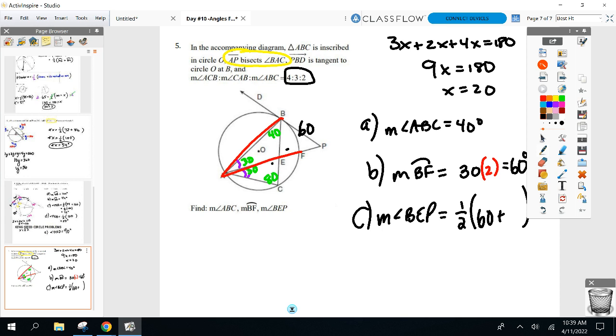Anybody know what the measure of that one is? Here's the inscribed angle 40, so what's the arc? 80, so you could have used half of 60 and 80. Anybody do, this is 30, that's 40, so that's got to be 110, and that's supplementary to it, so that's 70. Or maybe some of you did, that's 30 and 80, that's got to be 70, 180 degrees in a triangle, and those are vertical. I don't care. Whatever gets the job done.